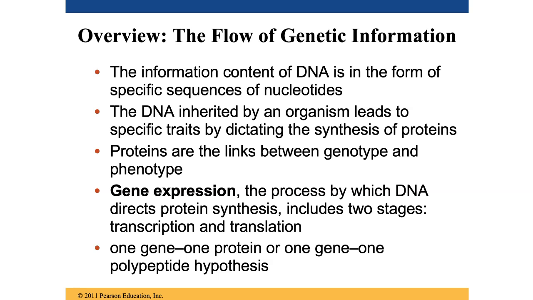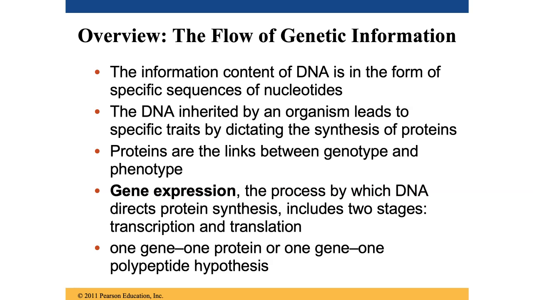So this is gene expression. Gene expression is two distinct stages: transcription and then translation. And we now know that one gene, one protein is how it works. So for one segment, one sequence of the DNA, which is a gene, it creates one protein, or one gene, one polypeptide.